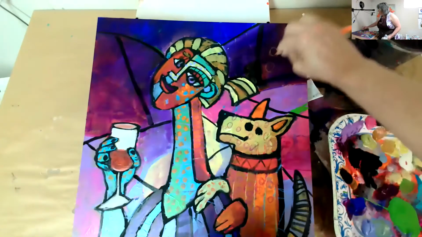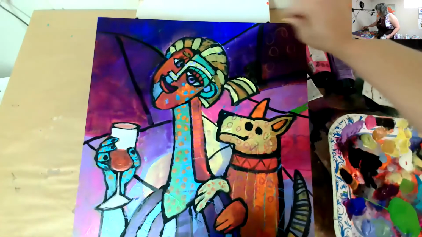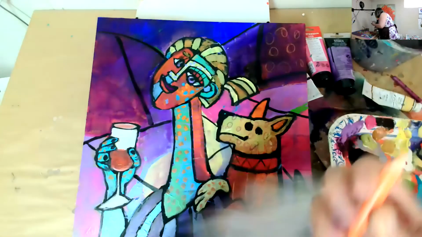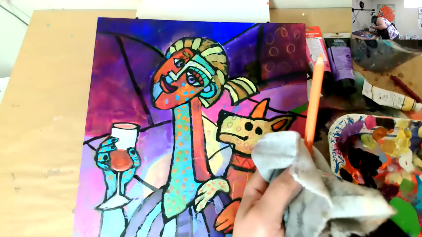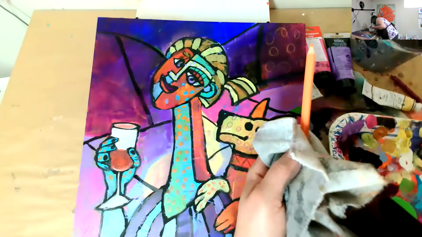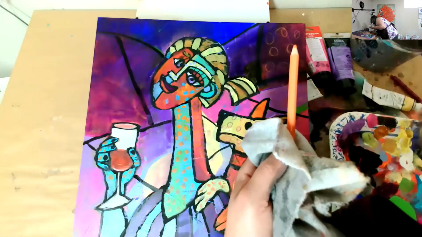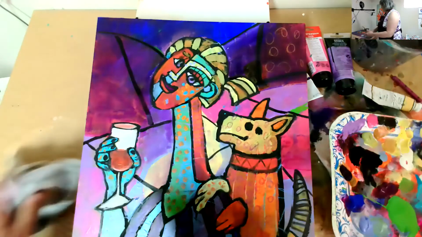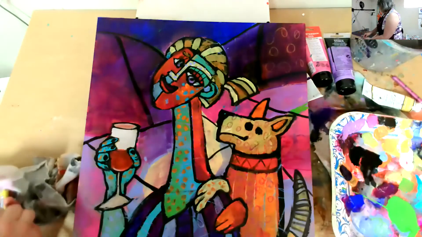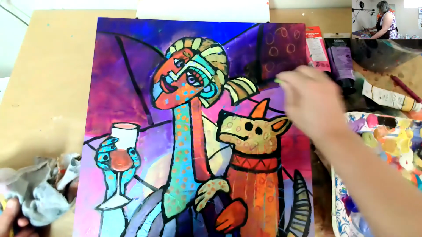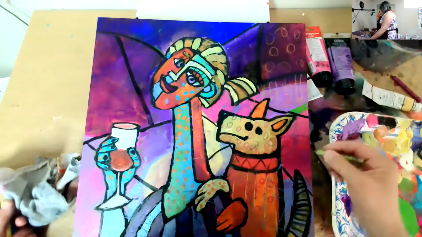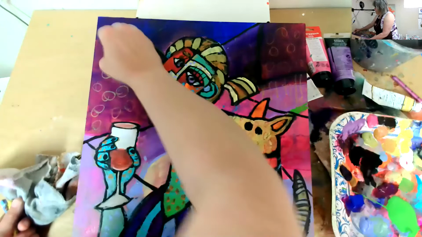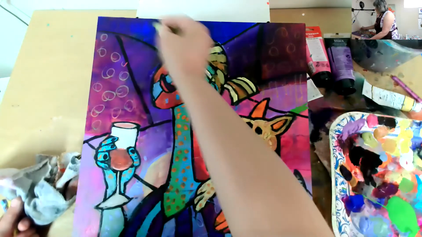I'm just going to scribble in a few areas and then go paint back into it. Colors. Red, green, oh. Okay. It's got green crayon. You know, and use whatever kind of patterning you want.